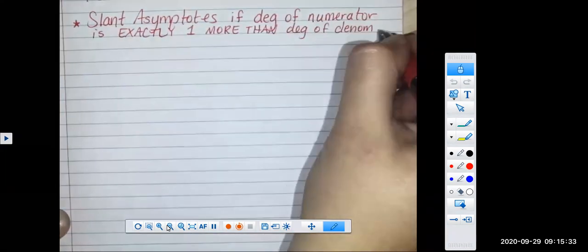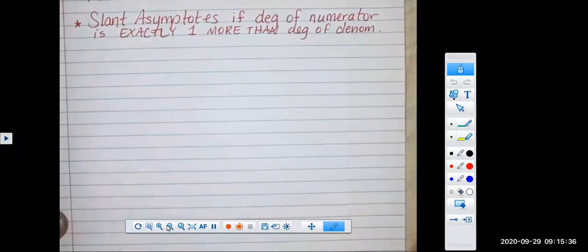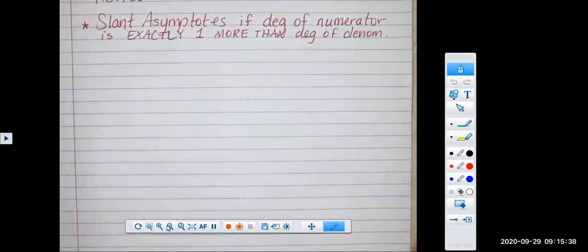So if your degree on top is exactly 1 more than the degree on the bottom, you will have a slant asymptote and you have to find it.